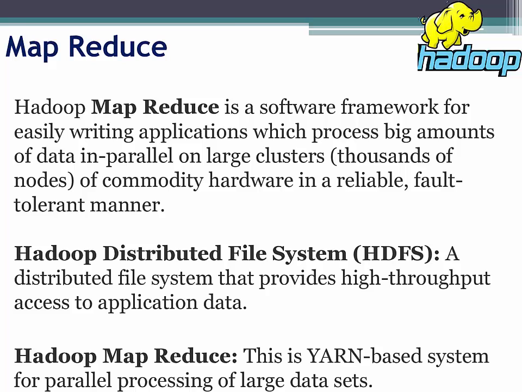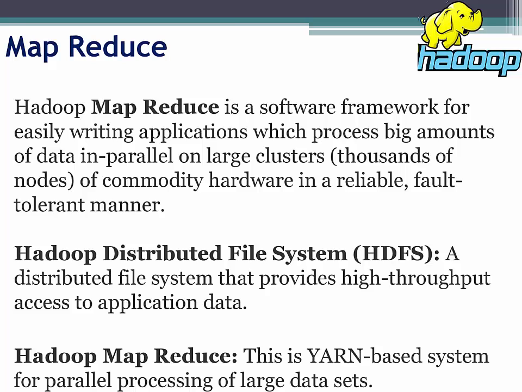MapReduce. Hadoop MapReduce is a software framework for easily writing applications which process big amounts of data in parallel on large clusters, thousands of nodes, of commodity hardware in a reliable, fault-tolerant manner. The term MapReduce actually refers to the following 2 different tasks that Hadoop programs perform.